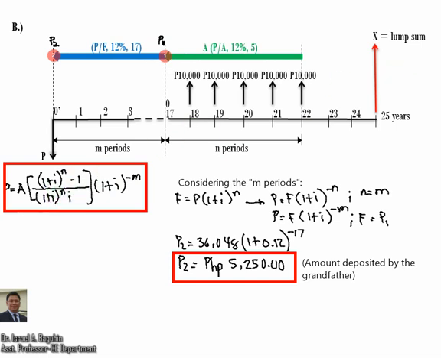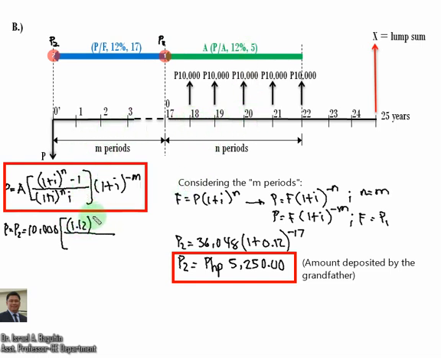So applying this formula for this deferred annuity, we can say that our P, which is equal to P2, is equal to our annuity, 10,000, times this quantity 1 plus I, our I is 12%, so 1.12 raised to the n. Our n here is simply equal to 5 years.